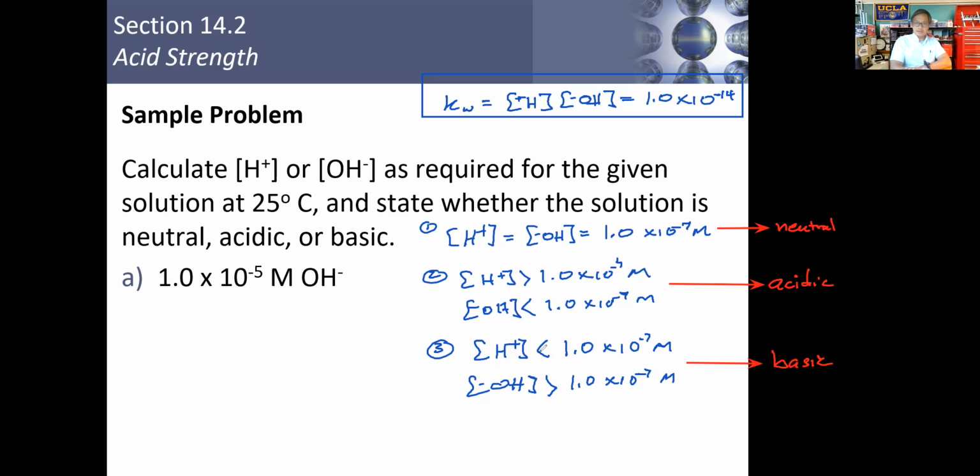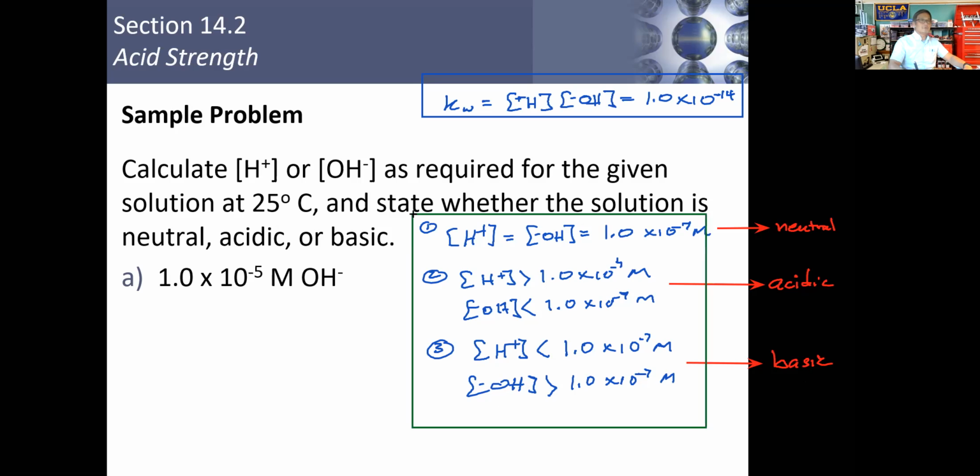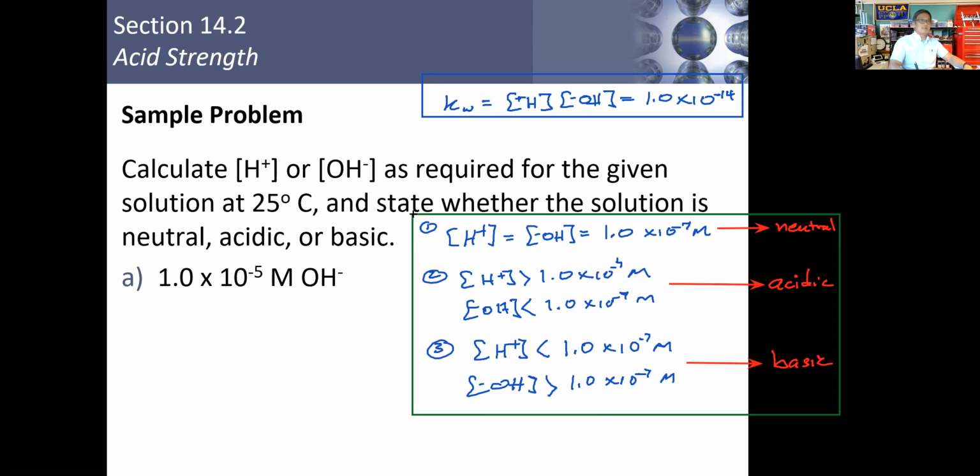On the other hand, if the hydroxide ion concentration, which is the base, is greater than the hydrogen ion concentration, which is the acid, that solution tends to be basic. There's more base in that solution, and therefore it makes it basic. That's how you should understand this. So this basic generalization can help you determine, without having to do any calculations, whether a solution is acidic, basic, or neutral.